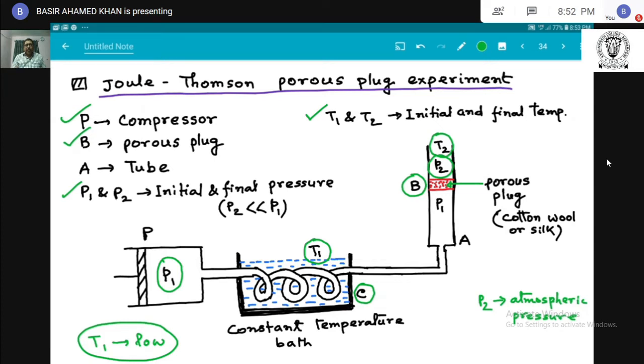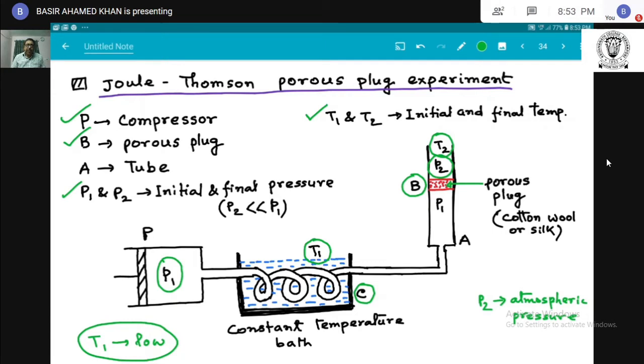Because if the initial temperature of the gas is greater than a certain temperature, then after expansion the gas becomes hotter instead of cooled.